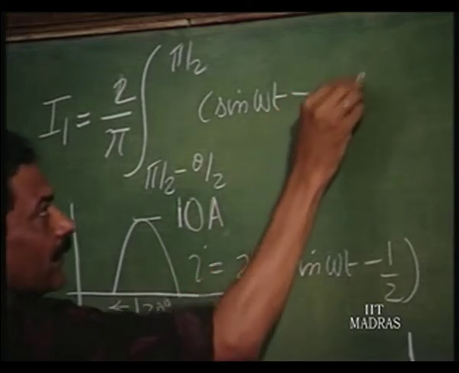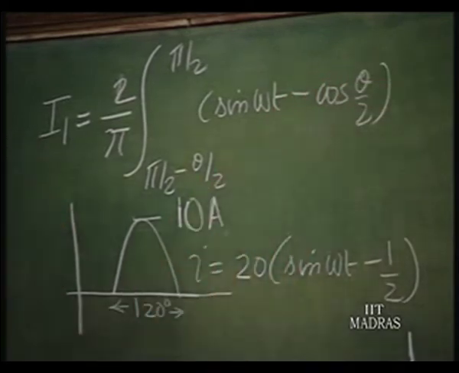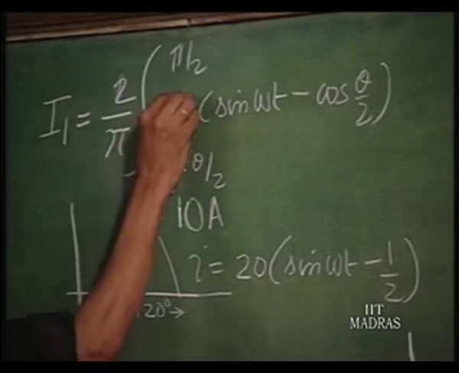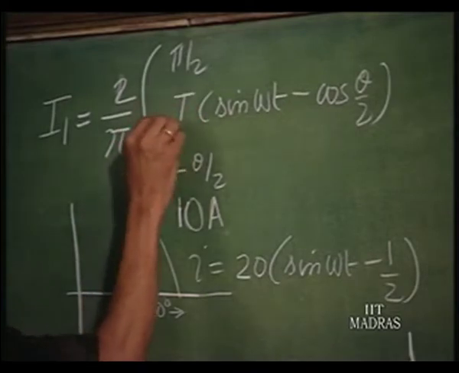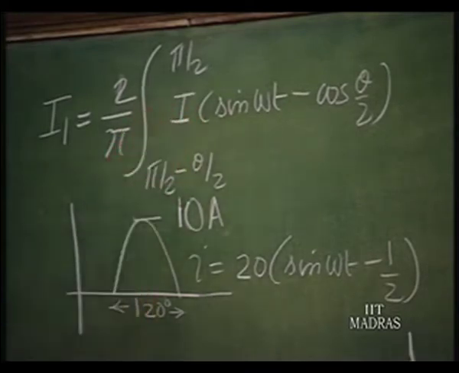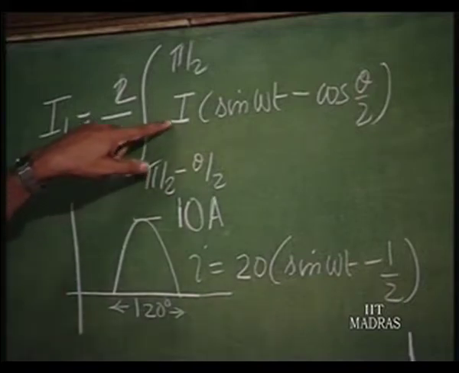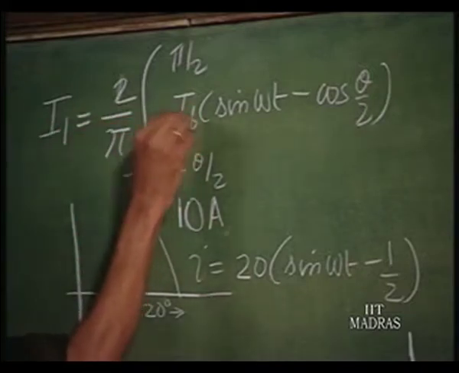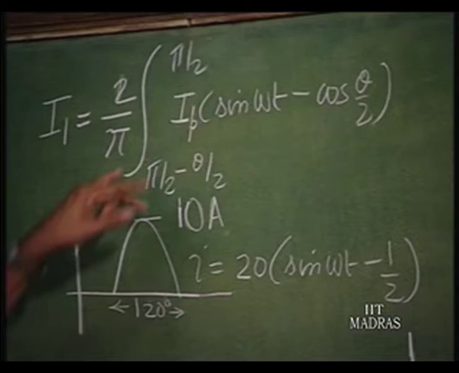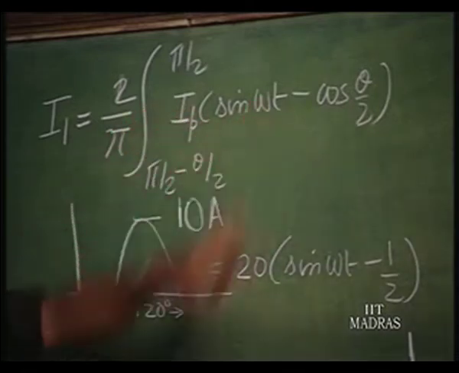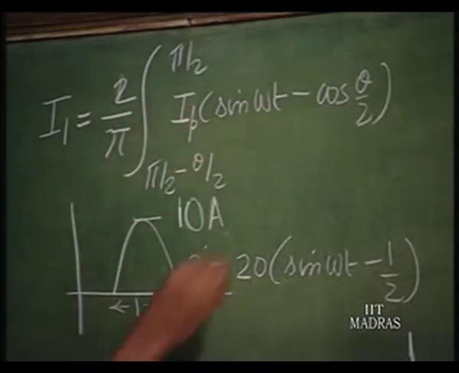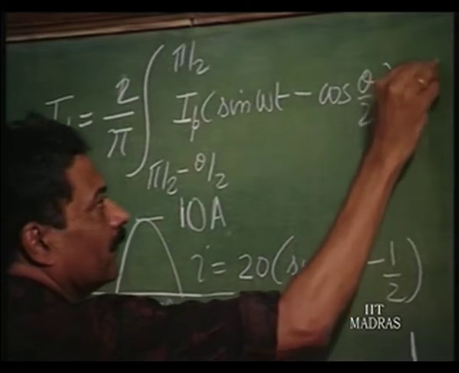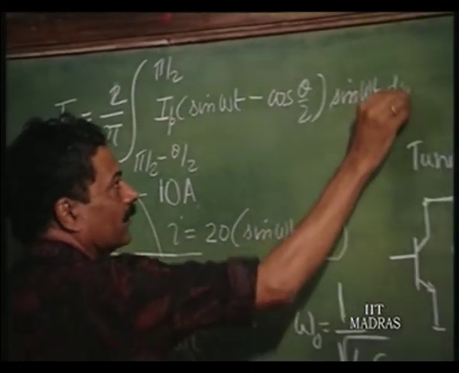This was cos theta by 2; only at the end we will substitute this, so that we can get it for a general situation. What did we put this as, is it IP? IP, we put it as IP. So the integral is IP sin omega t minus cos theta by 2, into sin omega t d omega t.